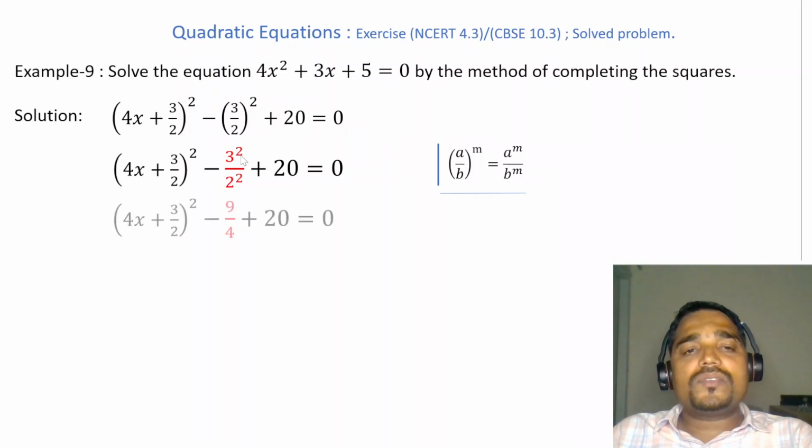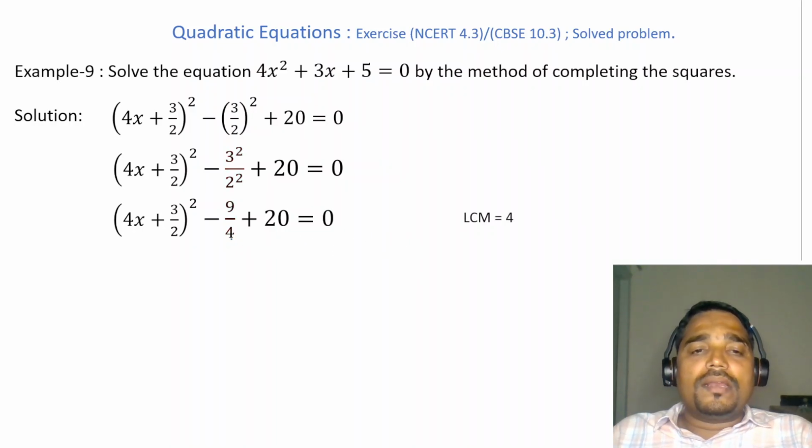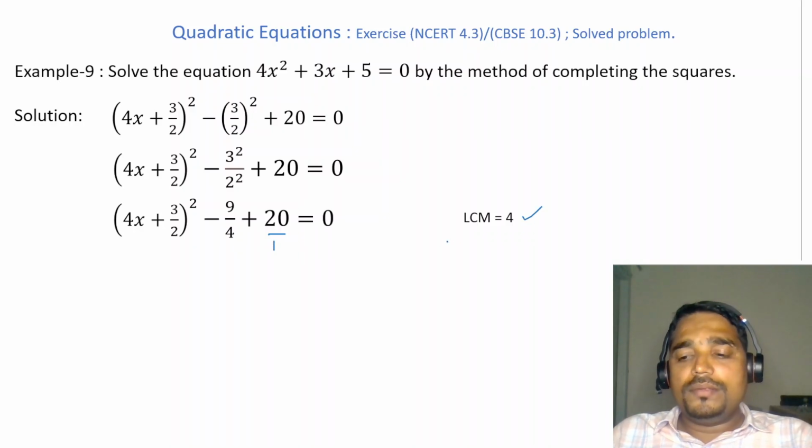That is, 3 square is equal to 9 and 2 square is equal to 4. Therefore, upon simplification, we see that here the LCM would be equal to 4, that is 9 by 4 plus 20 by 1.